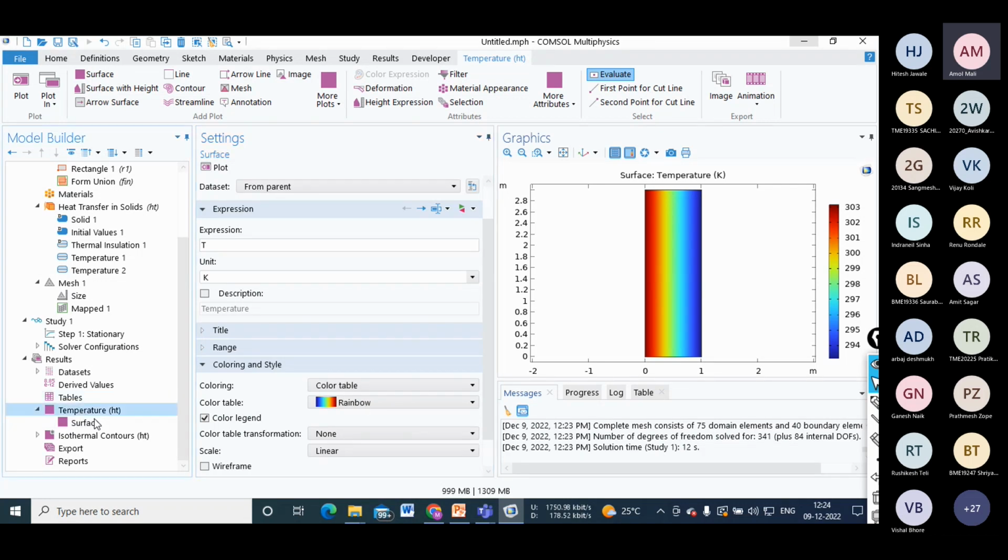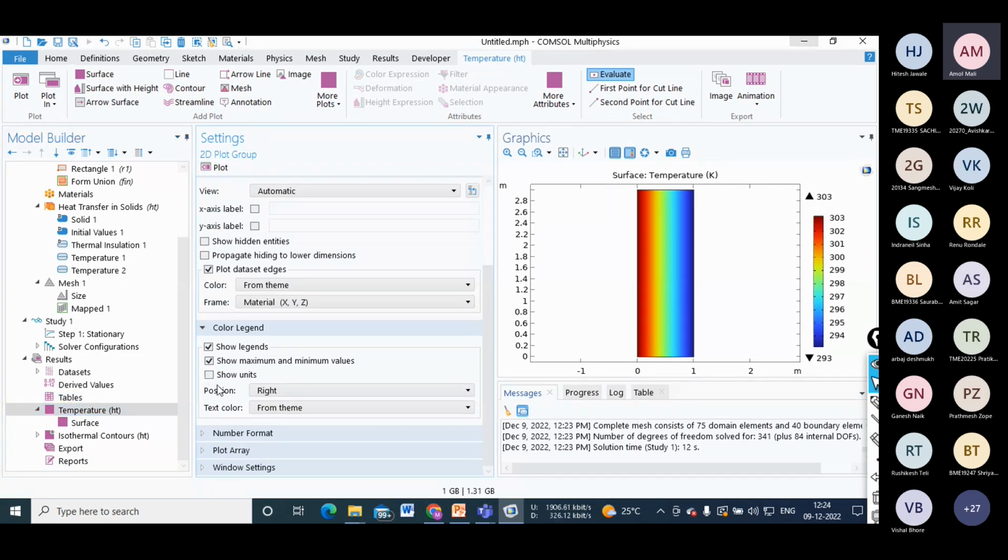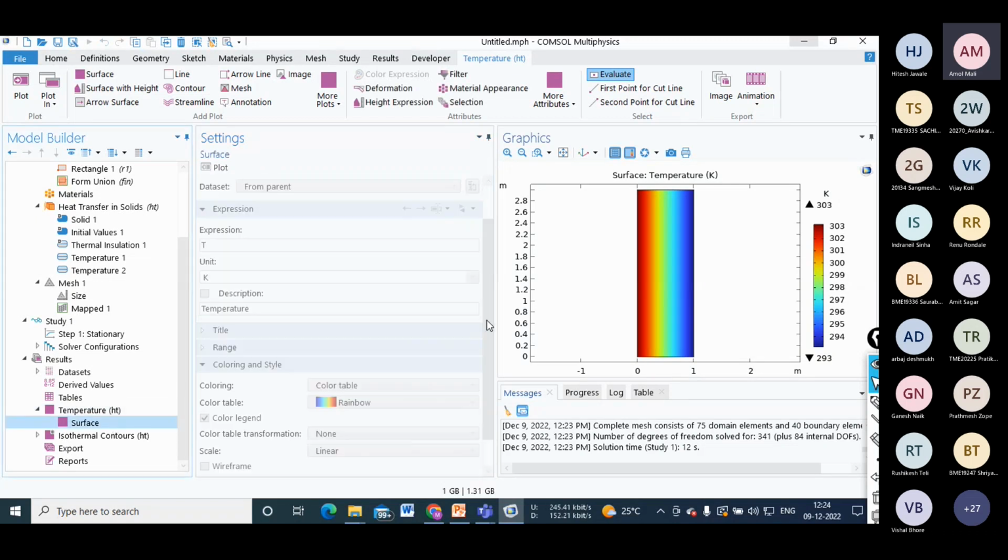If you want to check the maximum and minimum, you have to come to temperature and show maximum minimum along with units. If you want to change the unit, you can change it to degree centigrade. Okay, so maximum temperature of 30 degree and minimum temperature of 20 degree.